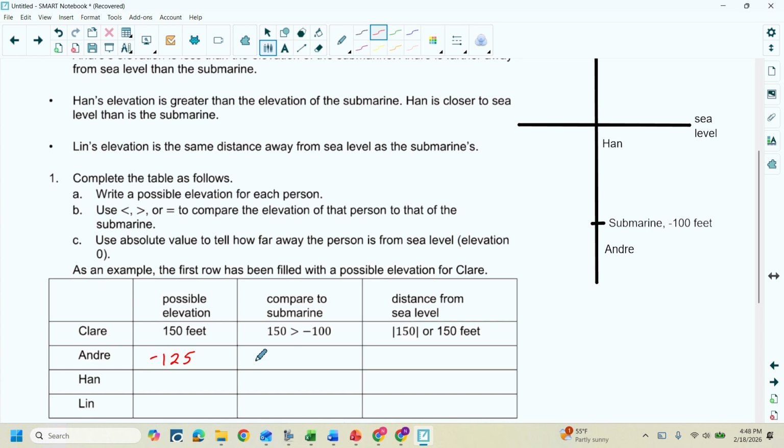Well, negative 125 is less than negative 100. And so now the absolute value of negative 125 is 125 feet.